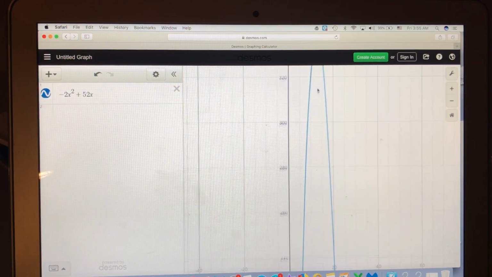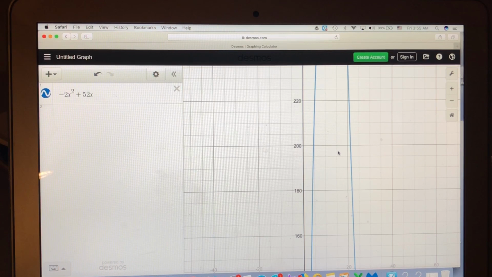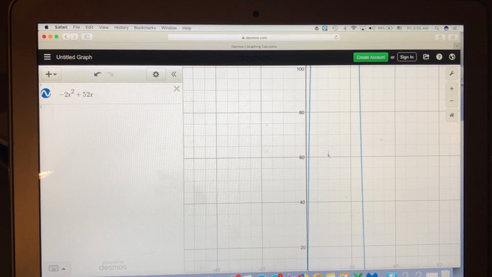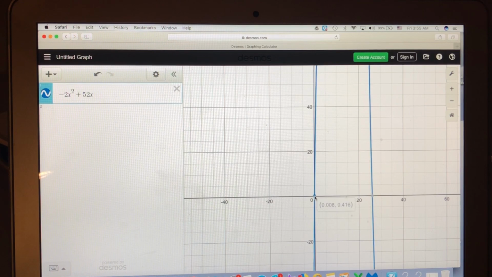So at this price, at $13 each, Miles makes the maximum money. Now we see some critical points here, also 0. When x equals 0, the y value is 0, which means if Miles sells at $0 each, he makes no money. Absolutely makes sense. Here is another critical point. If Miles sells at $26 each, he cannot sell any, because at 26 he cannot get any supply.